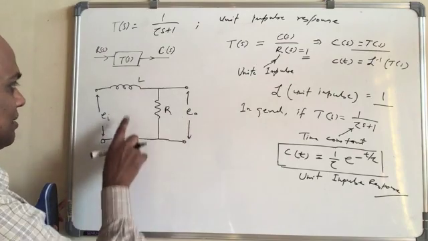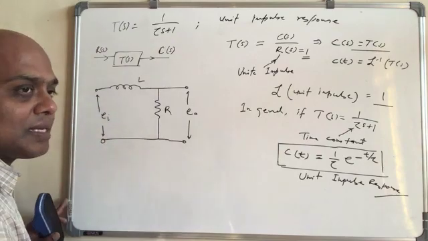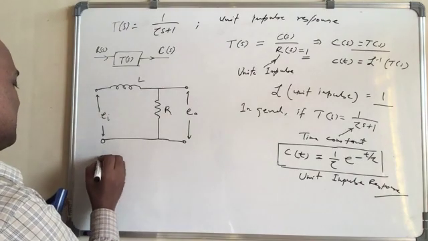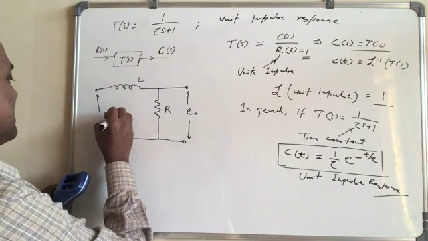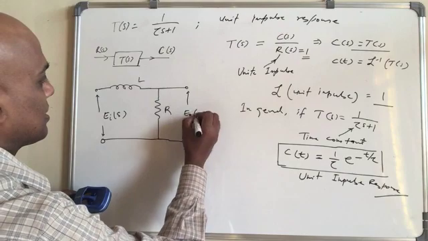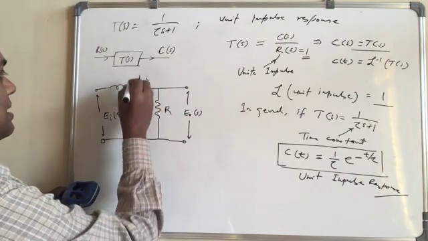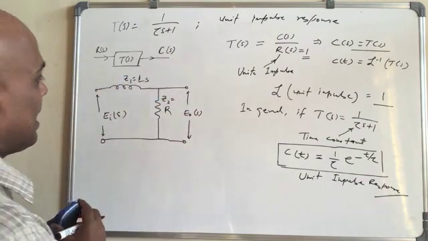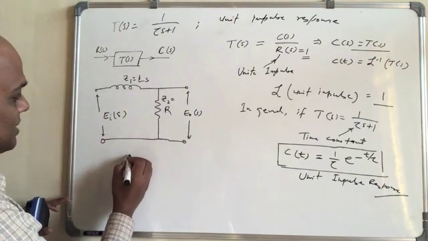Let's formulate the equations in the s domain. This becomes EIS, this becomes EOS, and here LS is Z1 and Z2 is equal to R only, with current IS.